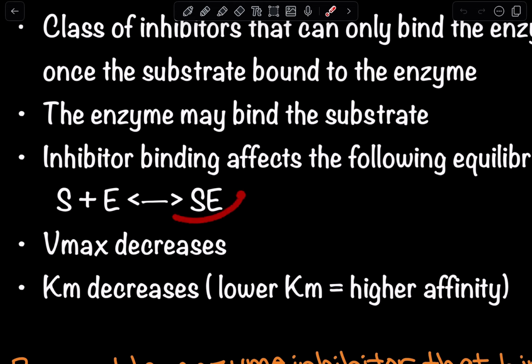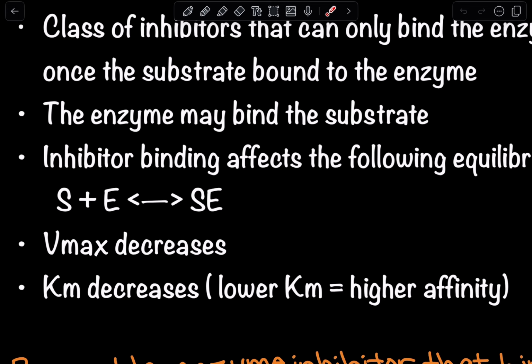So if I have this substrate enzyme complex, the substrate and the enzyme have joined together, and then I have that uncompetitive inhibitor come in and bind, then we have rendered this complex inactive, and we're reducing the amount of available enzyme that can convert that substrate into product. So as a result, we are reducing the concentration of substrate enzyme complex, and this equilibrium will shift to the right to circumvent that change.